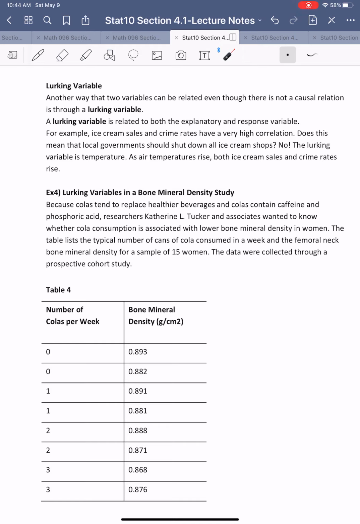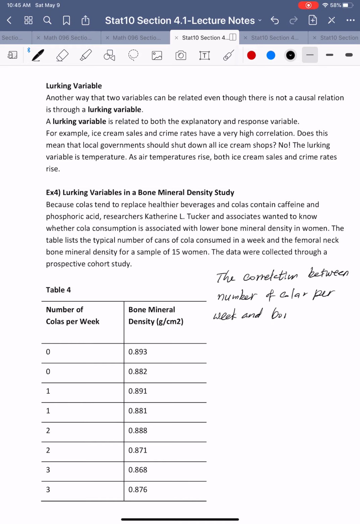All right, if you figure it out with these two data sets, the correlation between number of colas per week and bone density, r is negative 0.806, okay? So you can figure it out using the previous r formula.